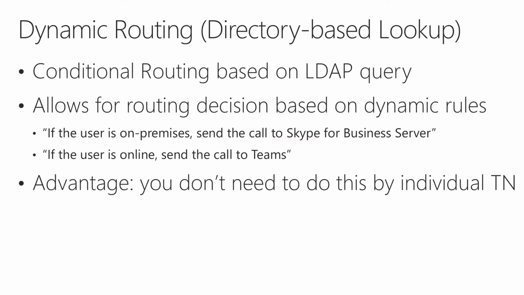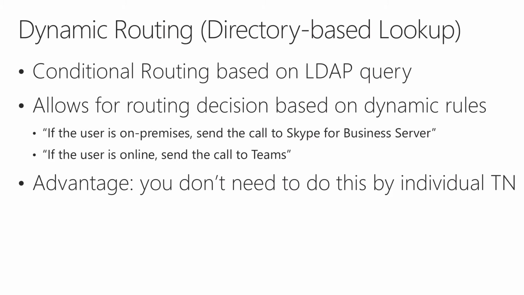And in plain English, those dynamic rules could be, well, if the user is on premises, send the call to Skype for Business Server. But if the user is online, send the call to Teams. Those are some very simplistic routing decisions that we can build with dynamic routing.